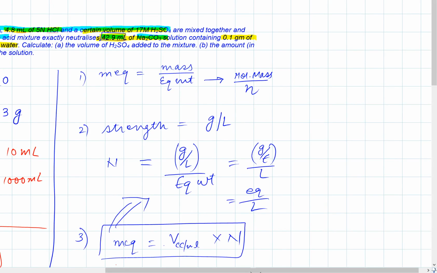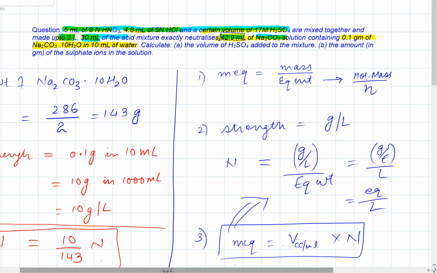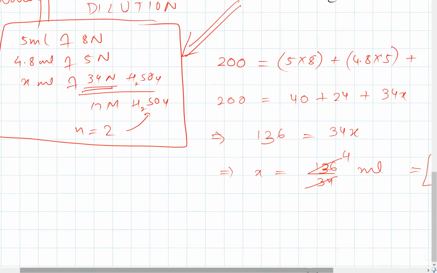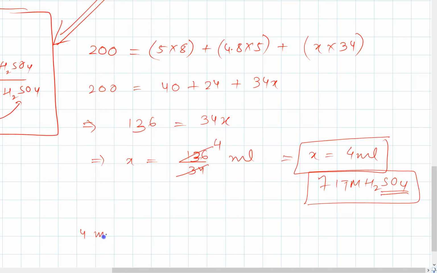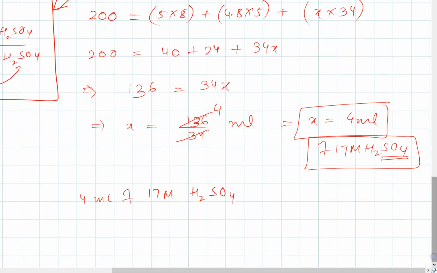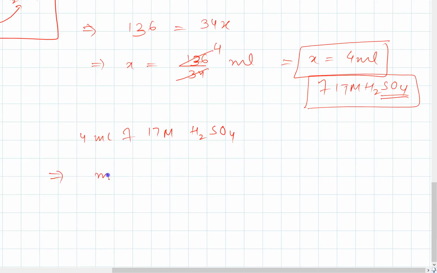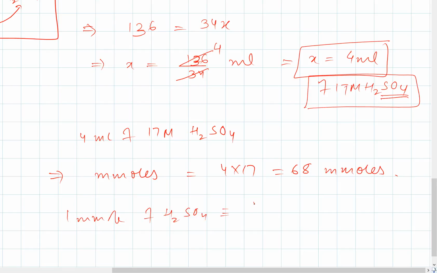The second part asks you the amount in grams of sulfate ions in the solution. How much sulfate ion is present in this? So you know you have 4 milliliter of 17 molar H2SO4. The number of millimoles of H2SO4 is 4 into 17, which is 68 millimoles, right? And 1 millimole of H2SO4 contains 1 millimole of sulfate ion.